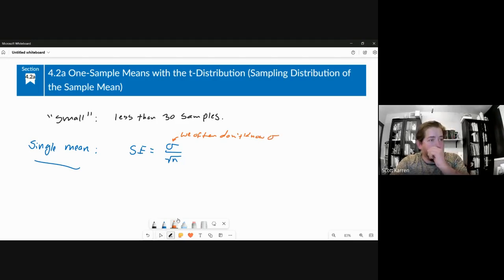So instead, we would then say that this standard error is s over the square root of n, right? Where sigma is the standard deviation of the population, and that lowercase s is the standard deviation of your sample.